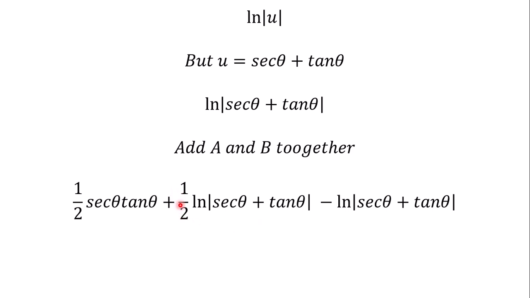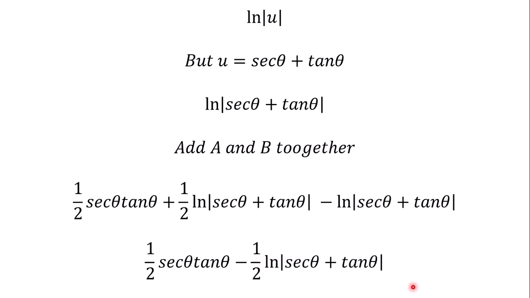So 1 over 2 minus the coefficient of this one, which is 1. 1 over 2 minus 1 will give us minus half. So our answer to this one is equal to 1 over 2 secant theta tan theta minus 1 over 2 natural log absolute value of secant theta plus tan theta.